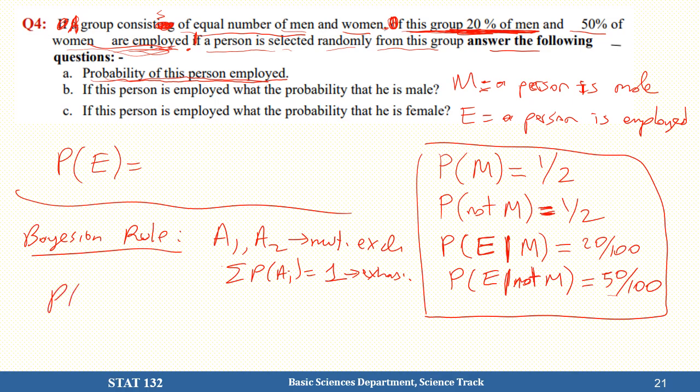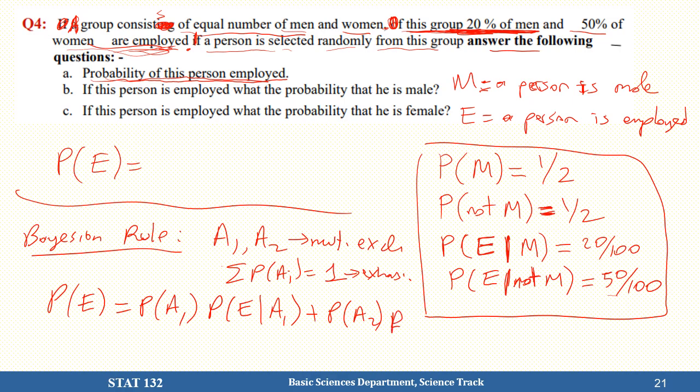And then you can write the probability of A as the probability of A1 times the probability of E, given that A1, plus the probability of A2 times the probability of E, given that A2.